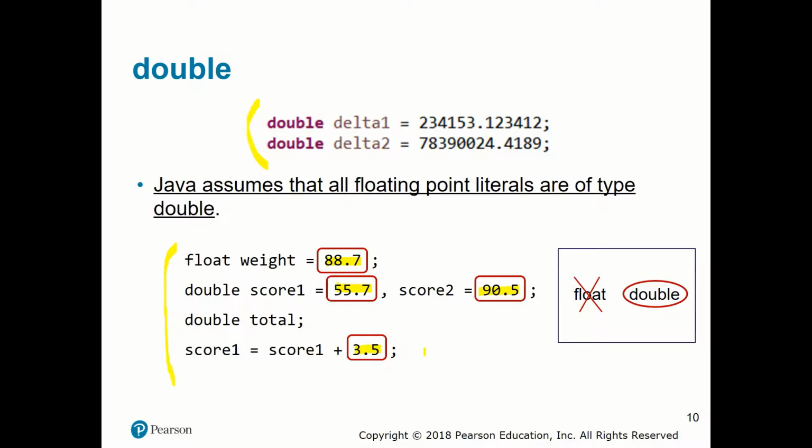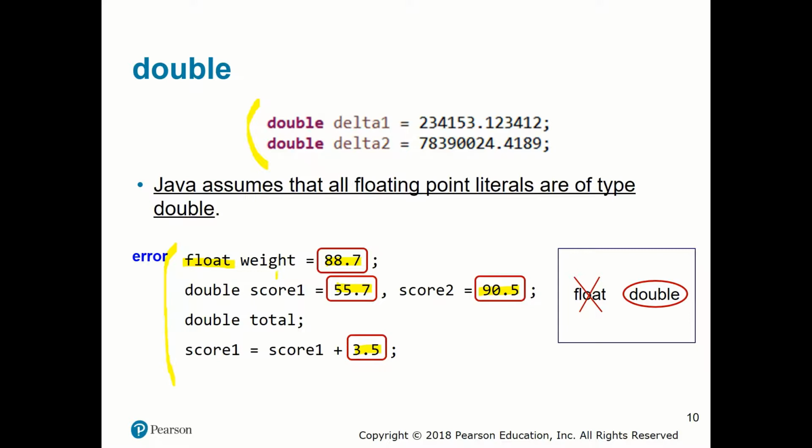Then there is an error in this code. What is it? This line has an error. Can you notice that? Because weight is declared as a float, this number should have uppercase letter F or lowercase letter f.